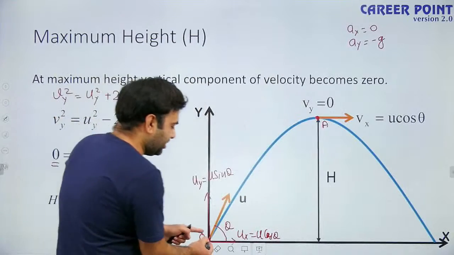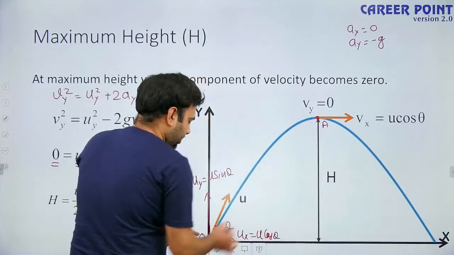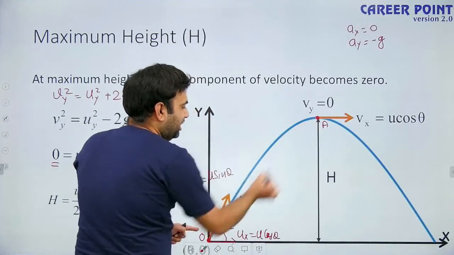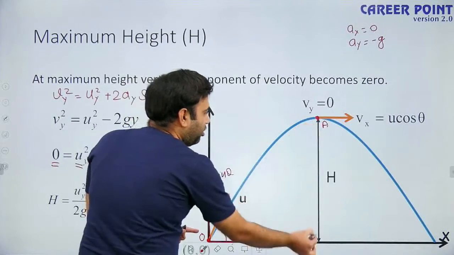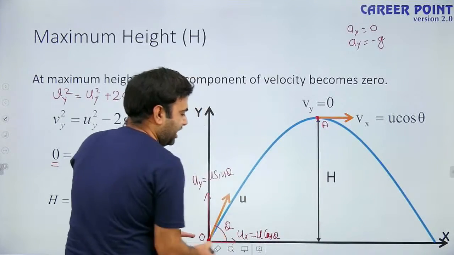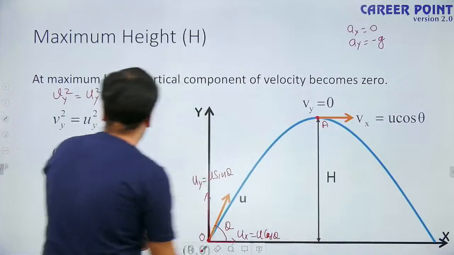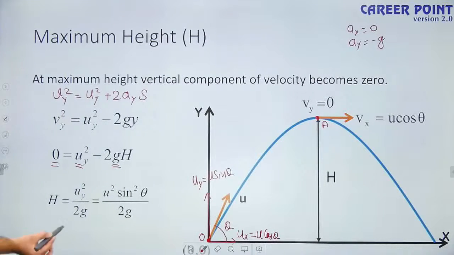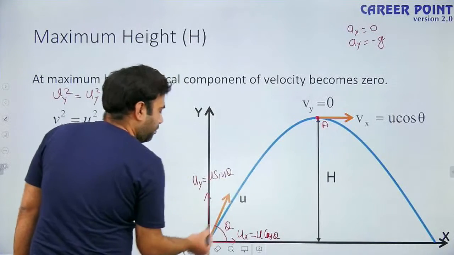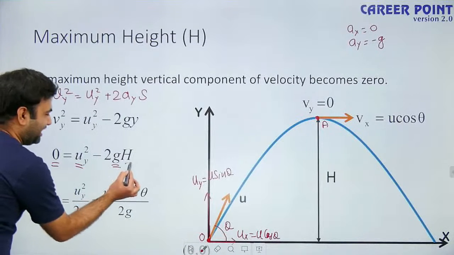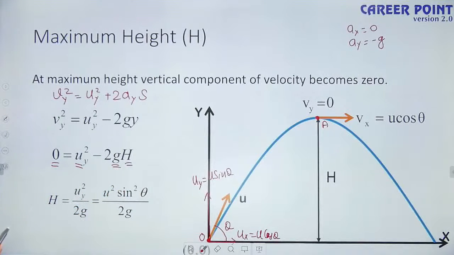See, displacement in x direction is this. From this point to this point, the line joining them is the total displacement. Its y component is displacement in y direction and its x component is displacement in x direction. So displacement in y direction from O to A is the maximum height that we want to find. From this equation, maximum height is equal to uy square divided by 2g.